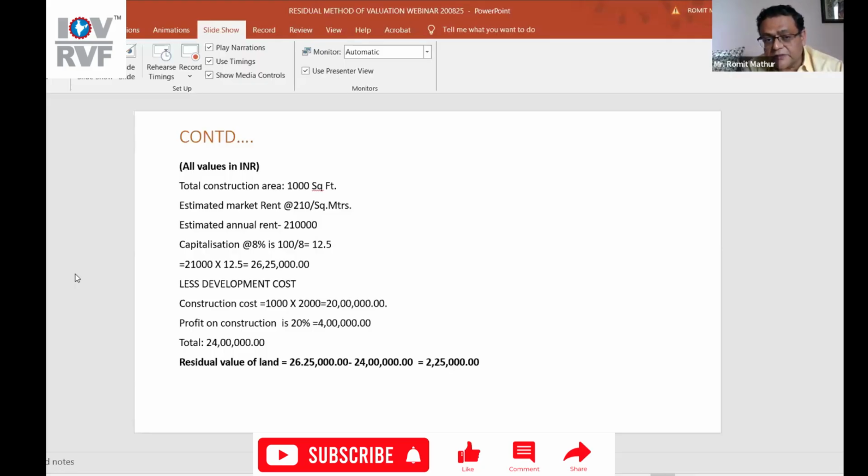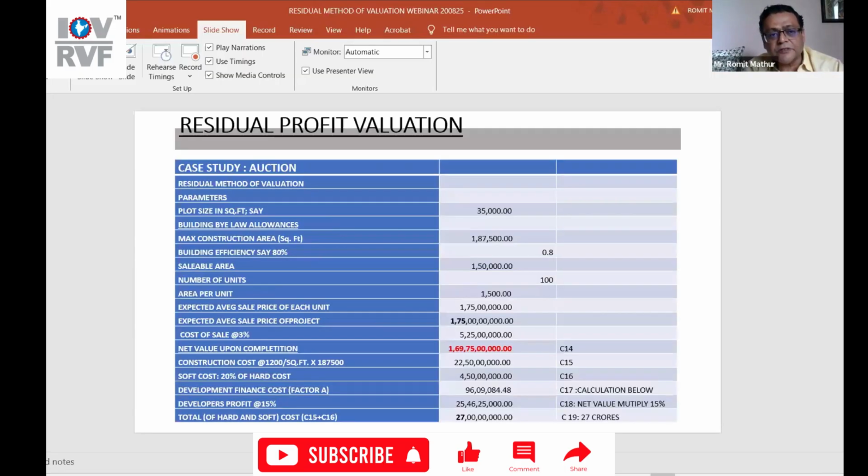So development cost is say 2,000, so it's 20 lakhs. Profit on construction cost is 4 lakh. Total is 24 lakh. So the residual value is 26 lakh 25,000 minus 24 lakh. If this property is available at 2 lakh 25,000, then this is a valid project. Now, this is very simple. Things like interest, things like opportunity cost, nothing has been accounted for. But this is the basic first step towards doing residual land calculation.